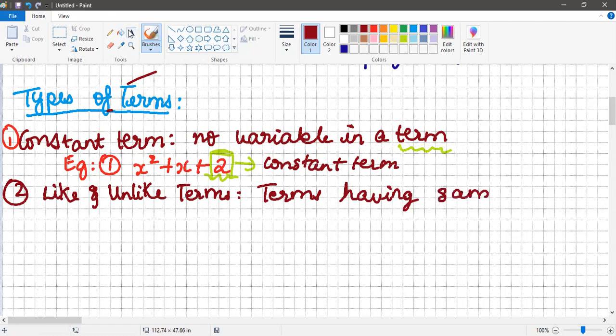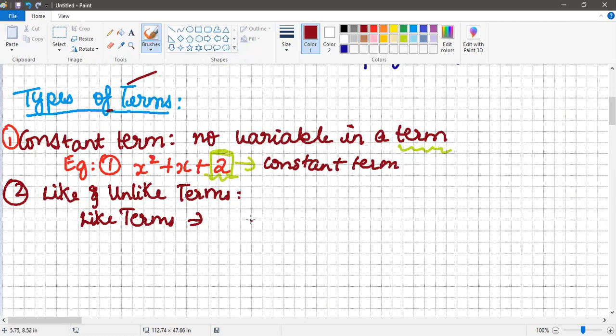First we will discuss one by one. First we will do like terms. Like terms are terms having the same variables and powers. Such terms are called like terms.